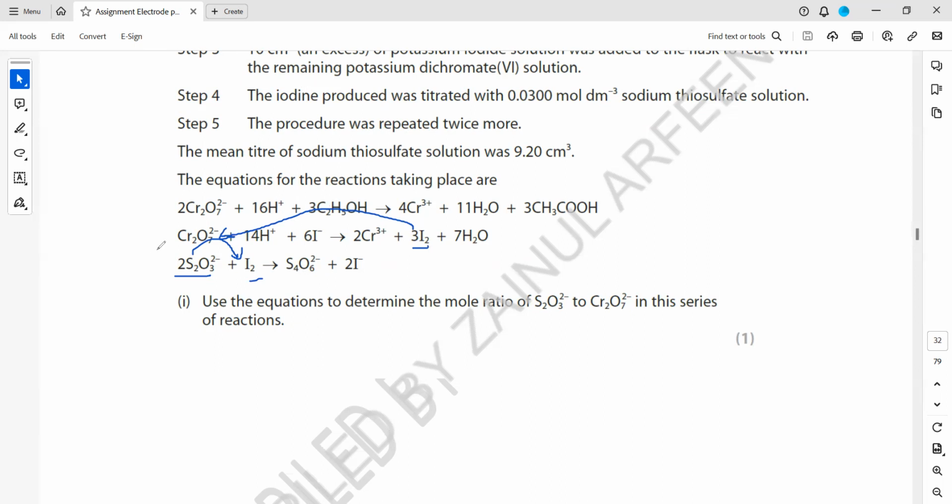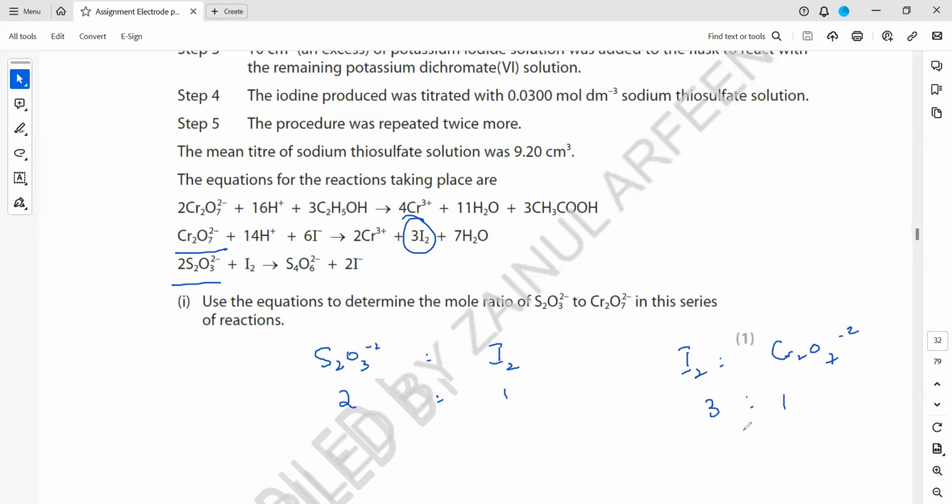And 3 moles of iodine are produced from 1 mole of dichromate. It will be simpler like this: for each dichromate, 3 iodine are required, and 1 iodine requires 2 thiosulfate, so I can simply replace here with thiosulfate. So we have thiosulfate to iodine 2:1, and the ratio of iodine to dichromate is 3:1. We need this relation.